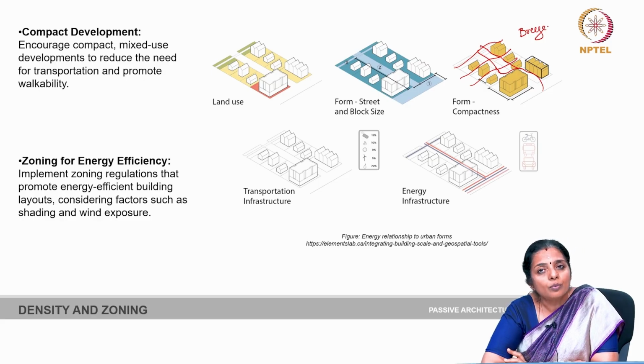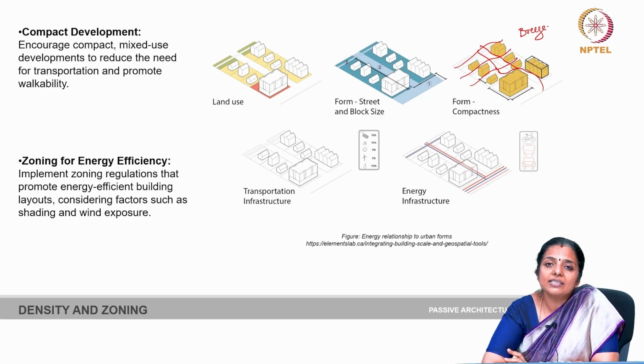In a warm humid or hot humid climate, planning must not be compact. In a hot dry climate, planning must be compact. Planning of a settlement should be such that it should incorporate green spaces which also act as lung spaces.